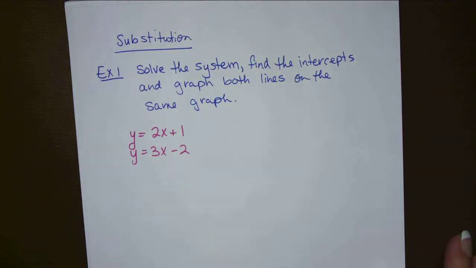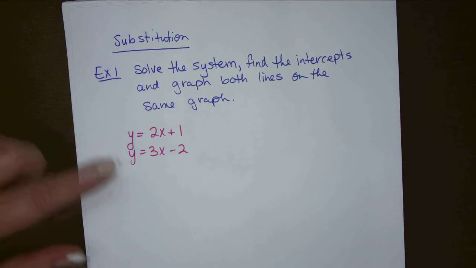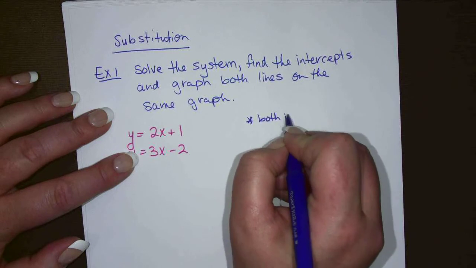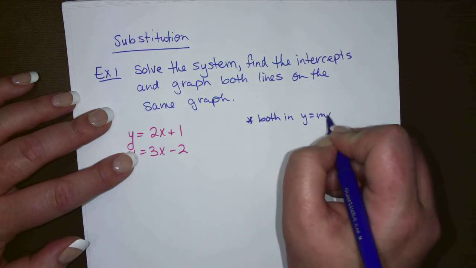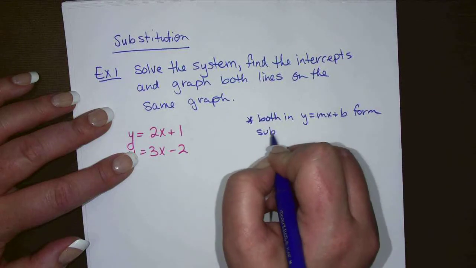The way that these two equations are in what we call slope y-intercept form, so they're both y equals, okay? So when they're both in y equals mx plus b form, substitution is usually easier.